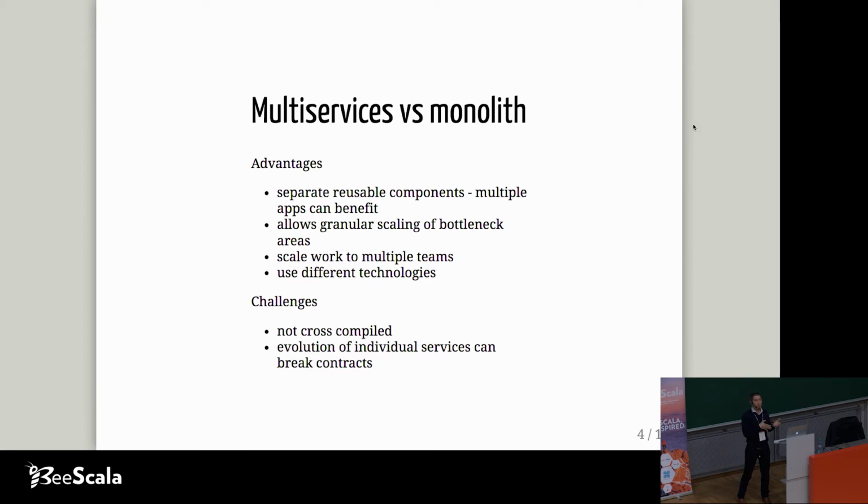Basically, each of the teams can take ownership of some part of the system, build their own services, and interact with the other teams at the protocol level, at the contract level, right?